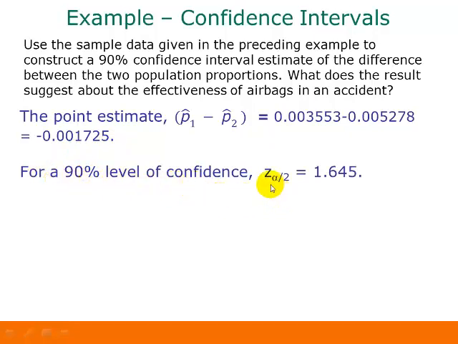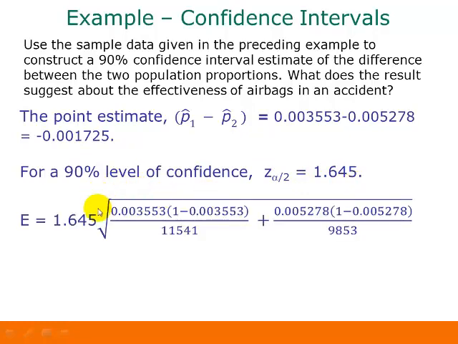So that's one of our standard confidence levels, and since this is a Z, this is always going to be 1.645 for a 90% confidence level. And here's our formula for our margin of error. Here's our Z of alpha over 2. And here are our two sample proportions and sample sizes in the formula. And if we calculate this, our margin of error turns out to be 0.001547.